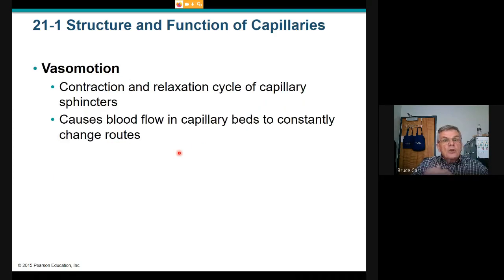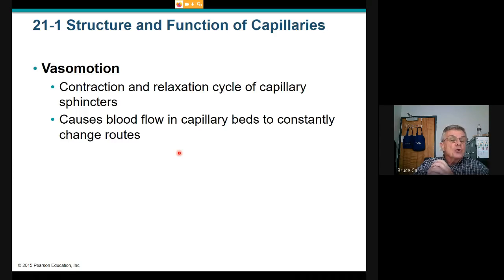This brings up a whole issue for the blood vessels and why we call it the cardiovascular system. And that's the concept of vasomotion. The presence of smooth muscle cells throughout the system allows us to contract, to react to pressure, to bulging, and to use contraction of smooth muscles to direct or redirect the flow of blood to different regions of the body.